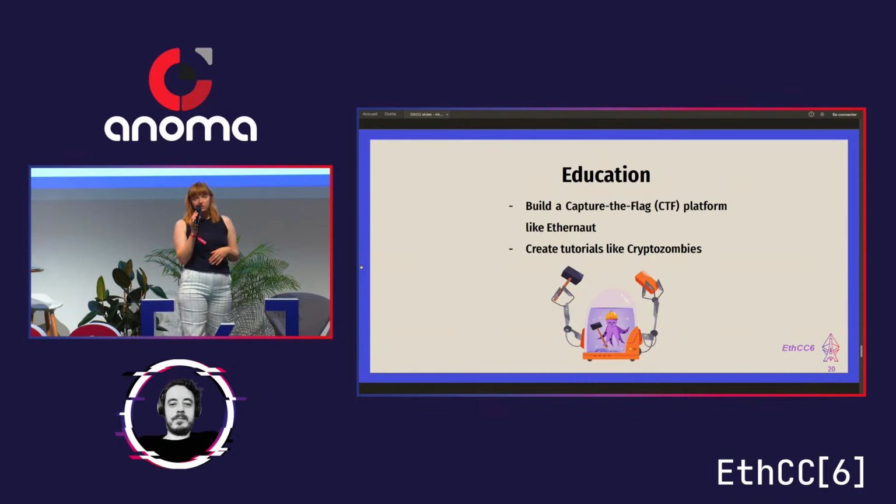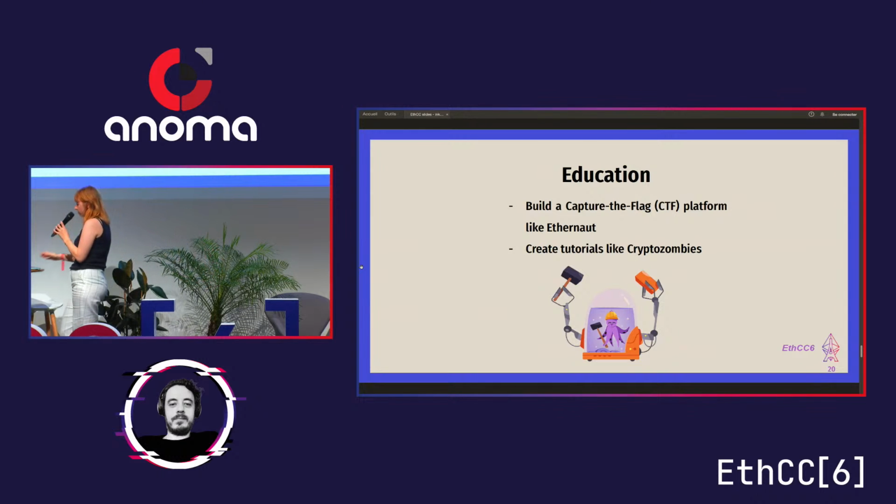Something that is also very important, especially as it is Rust, is to really push to have fun tutorials, especially as you see that the Ink illustration is amazing. It would be very beneficial to have this kind of CryptoZombies tutorial.